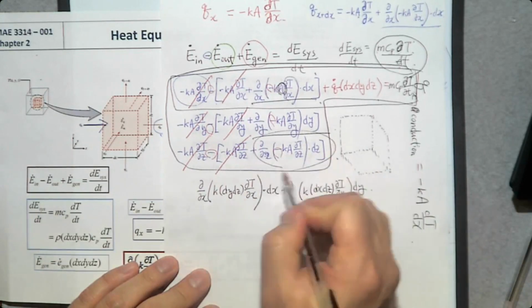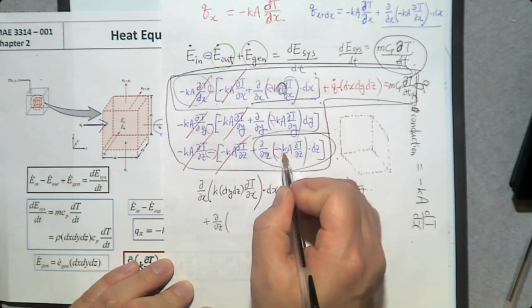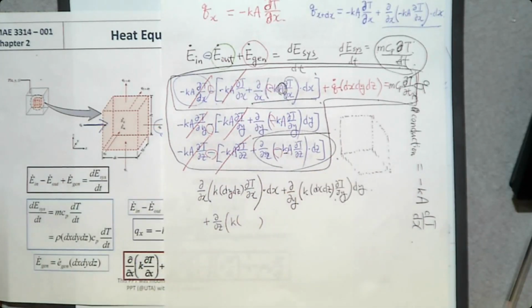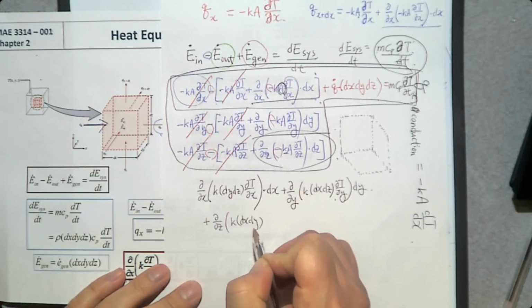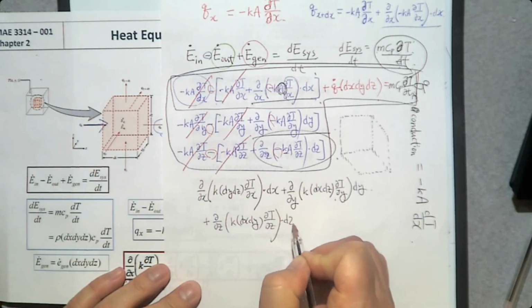And the last one, plus partial over partial z, kA. What kind of area? Where is the z direction? This way. What is the cross-sectional area? This one. How do you determine this area? dx times dy. dx times dy, partial T over partial z times dz.